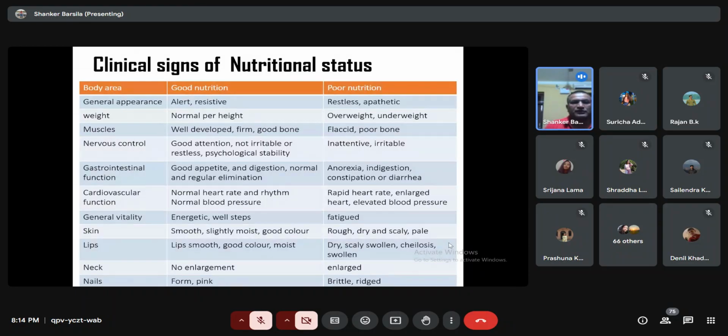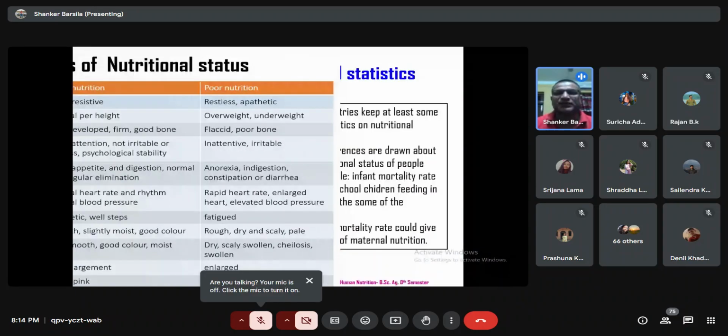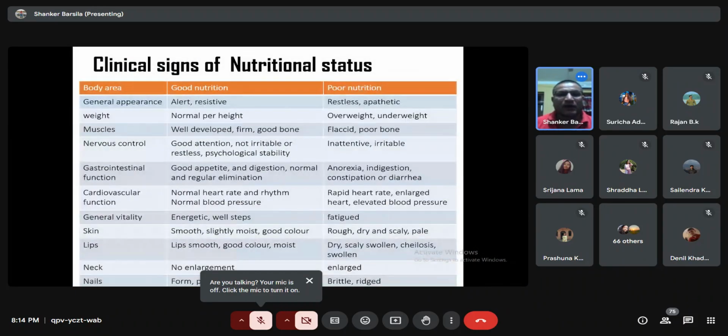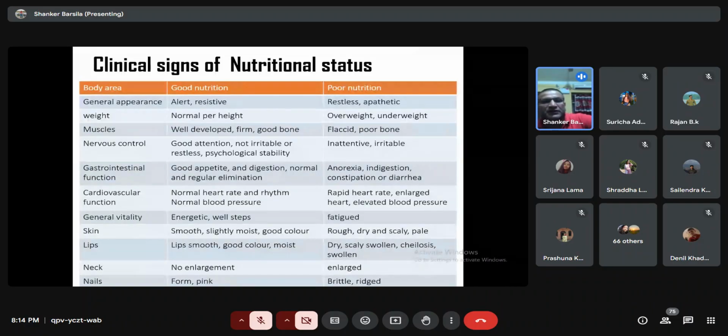For example, you check different body parts. For good nutrition status, there are certain signs to be stated, and for poor nutrition status, there are other signs to be stated. For example, for the general appearance, if the man or woman is responsive, alert, and at rest, you can name it the good nutrition status.